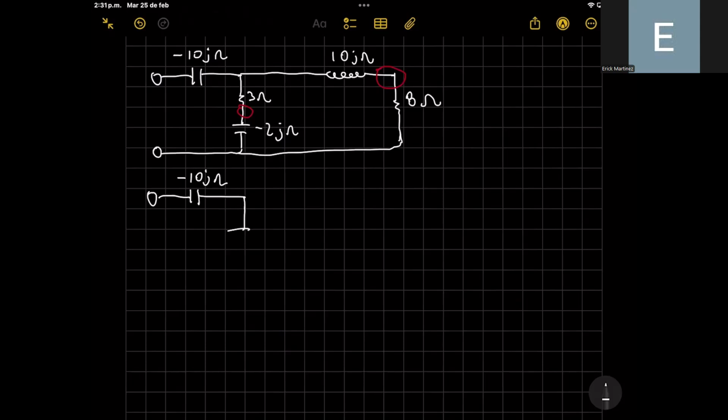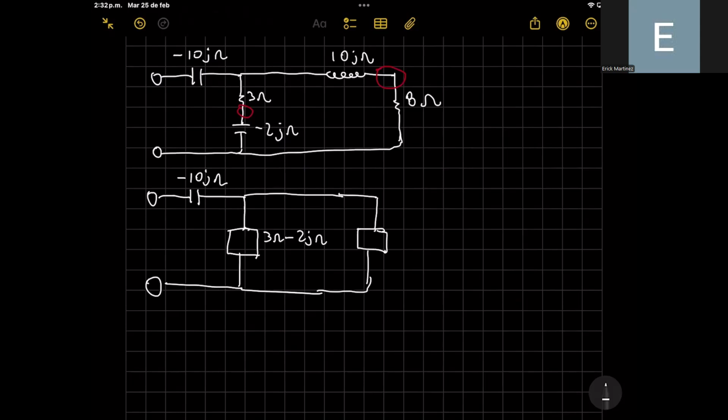So I can rewrite this impedance as follows. Here we have a value of 3 ohms minus 2 J ohms. And if I simplify these two elements, I will have something like, just a moment, 10 J ohms plus 8 ohms. Okay? So this is the equivalent impedance between these two elements that are in series, and also these two elements are in series.